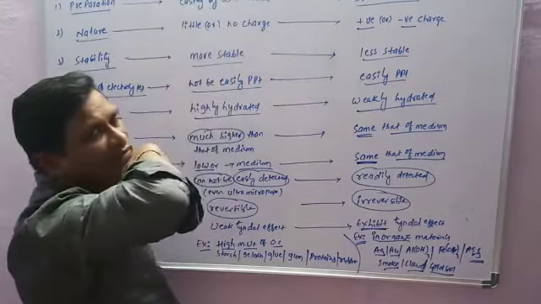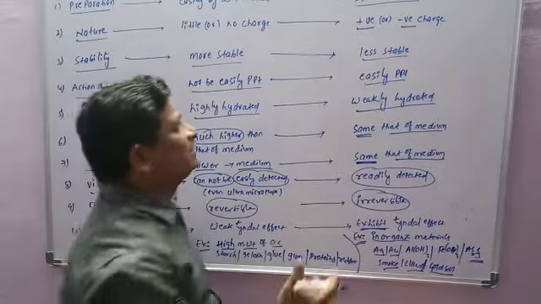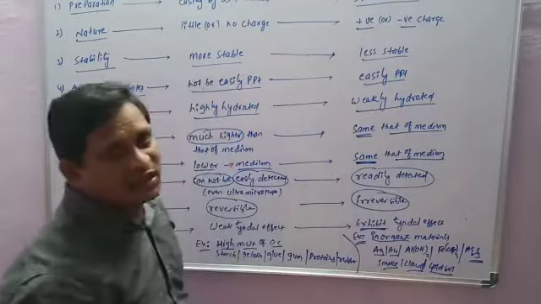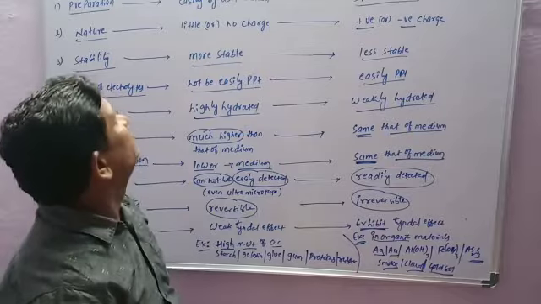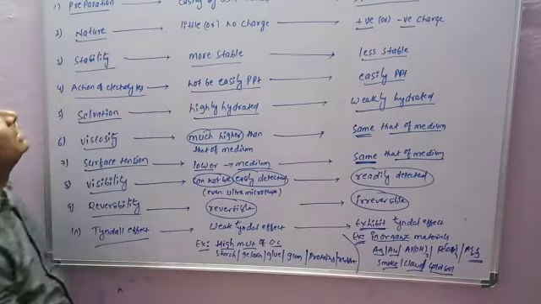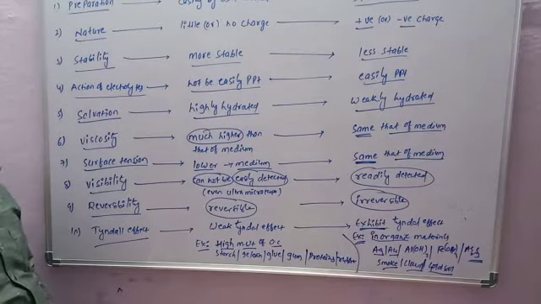No affinity between them is called solvent hating. These are the classification of colloids on the basis of interactions of dispersed phase and dispersion medium.